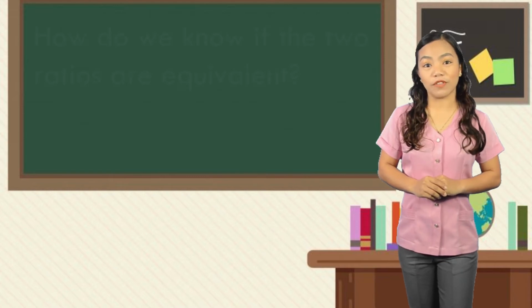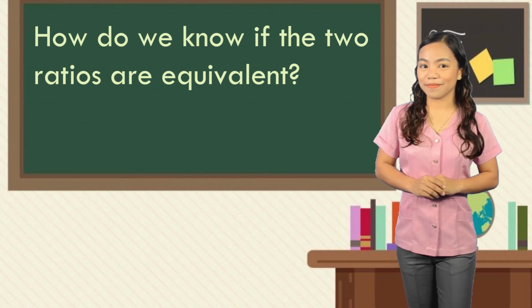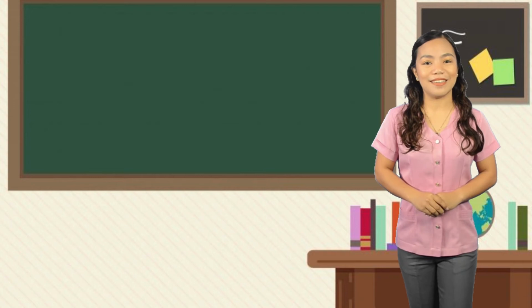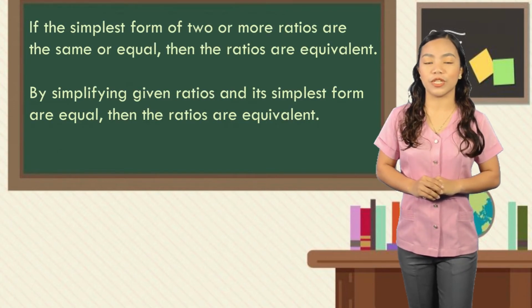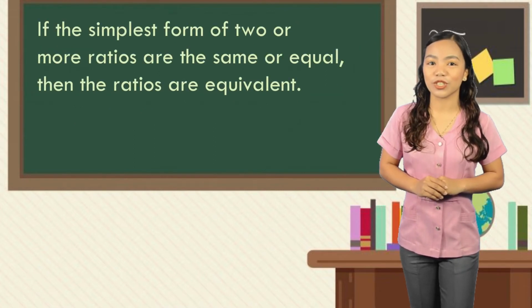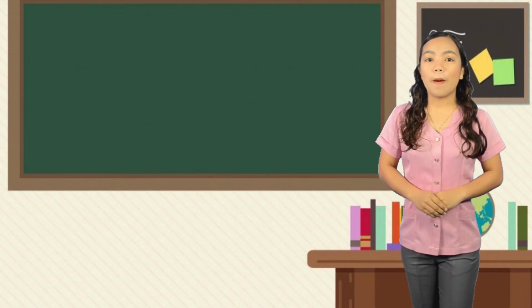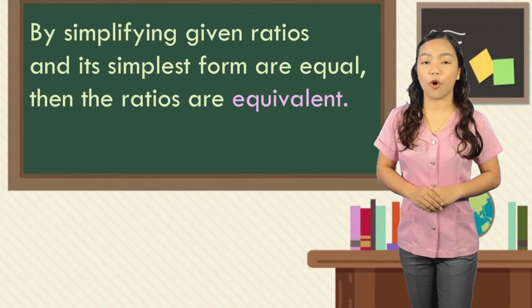How do we know if the two ratios are equivalent? Don't worry, that would be easy. If the simplest form of 2 or more ratios are the same or equal, then the ratios are equivalent. By simplifying given ratios, if its simplest forms are equal, then the ratios are equivalent.